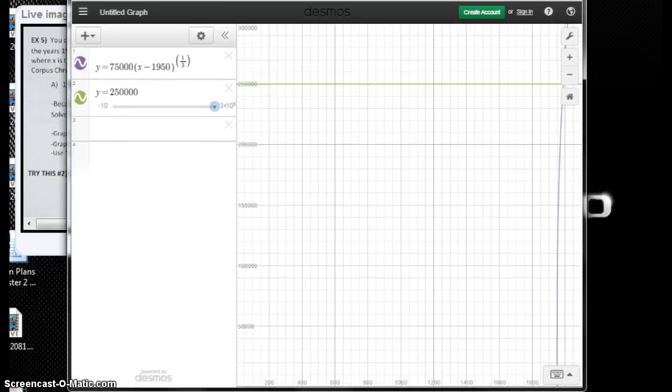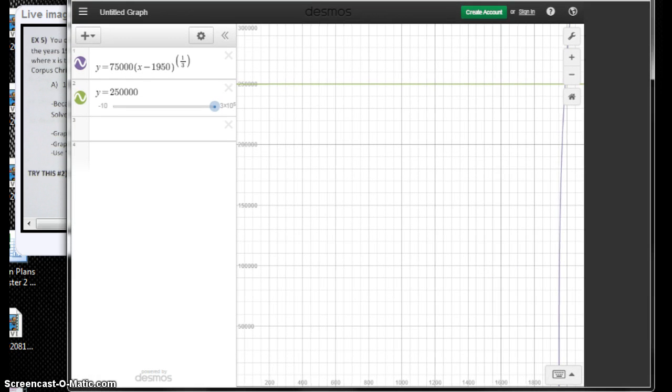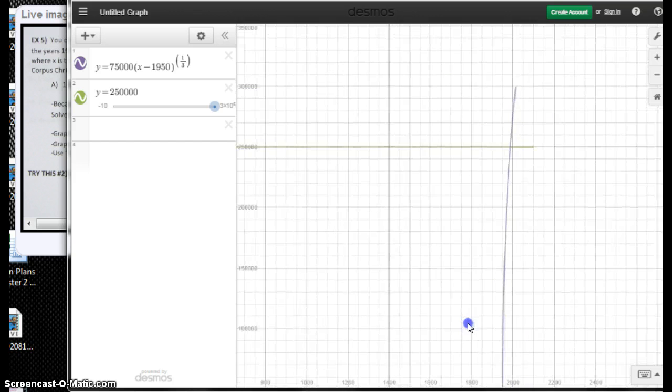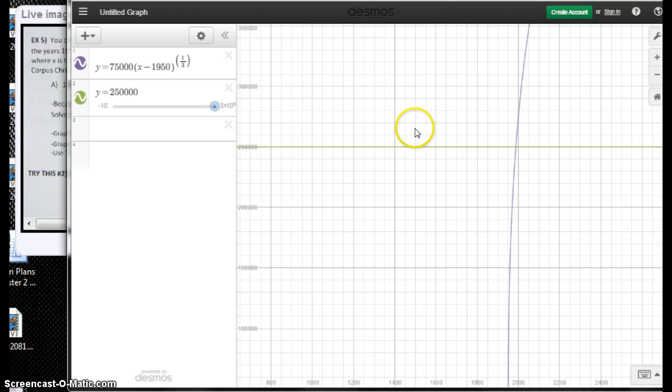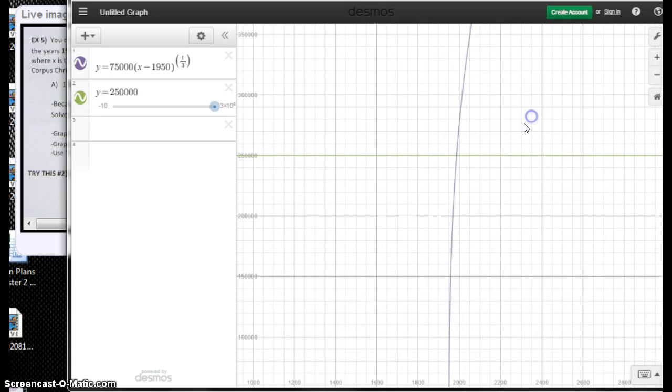I'm gonna see these two lines. The purple line is y1 and the green line is y2. And to find our answer, we're gonna look at the intersecting point, which is 1987, 250,000.